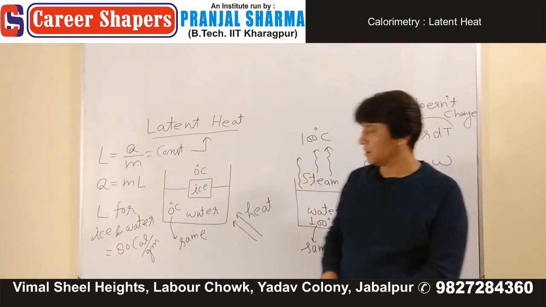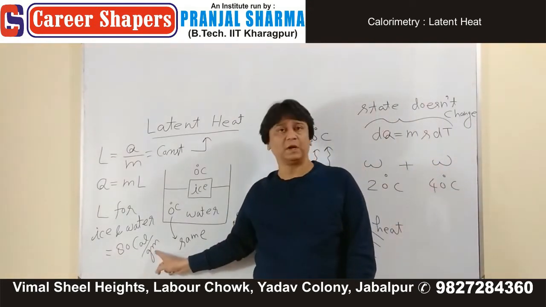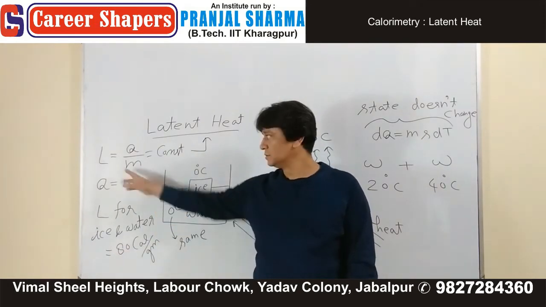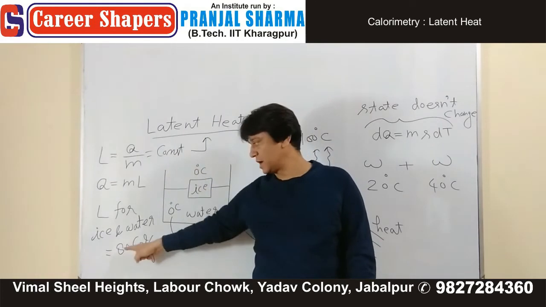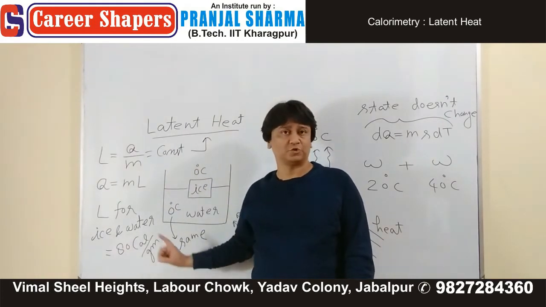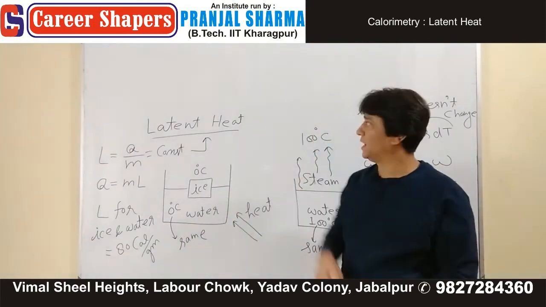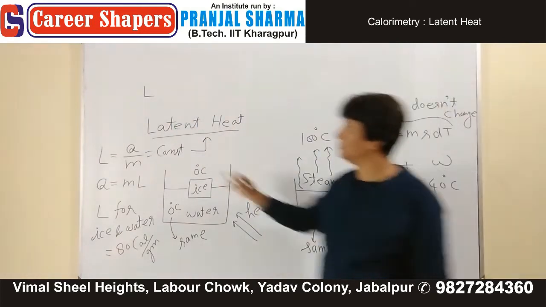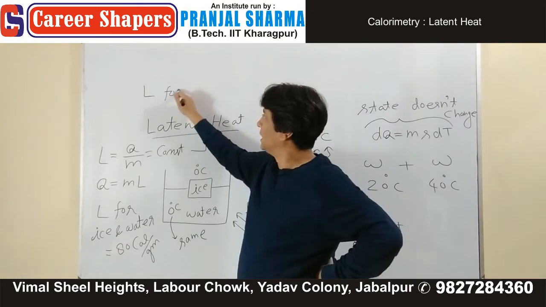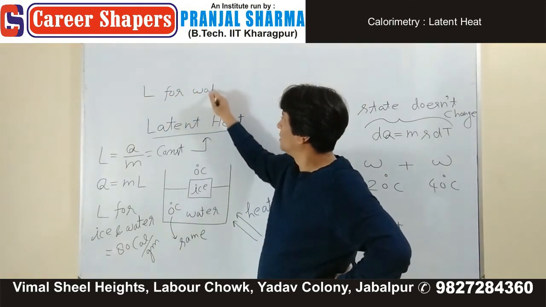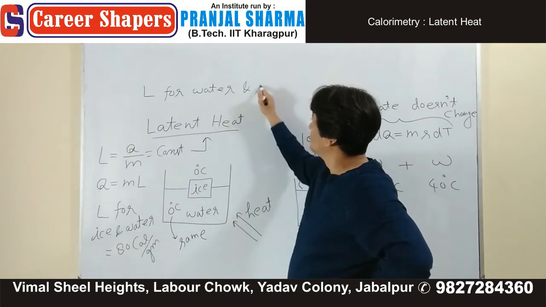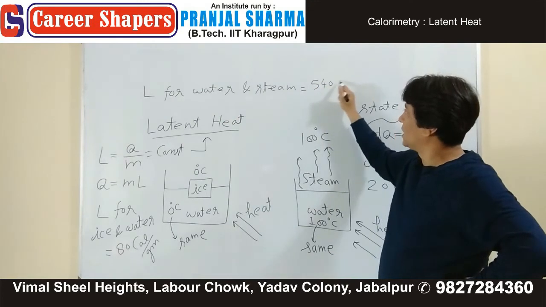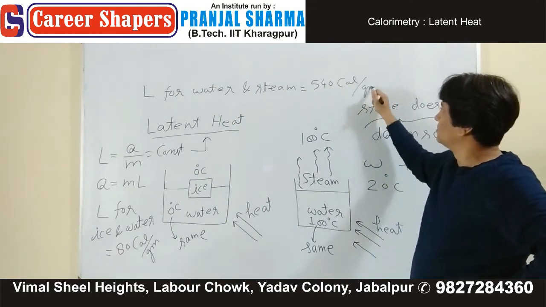What does it mean? If you need to melt 1 gram of ice, then how much energy is required? 80 calories. So this constant number is what? 80. For 1 gram of ice to melt, heat supplied is 80. Similarly, L for water and steam, latent heat for water and steam is 540 calories per gram.